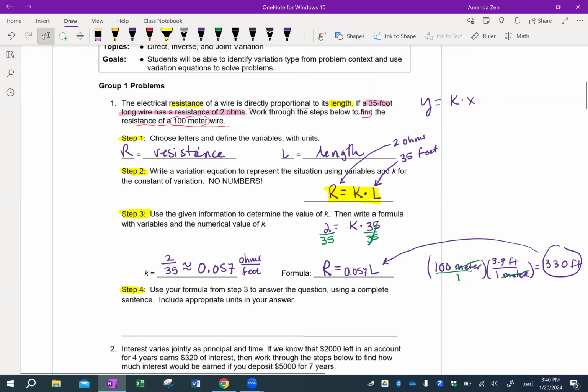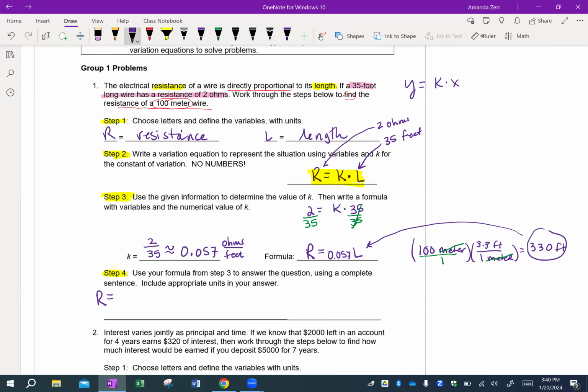Okay, so step 4, we're going to find the resistance when we take our constant of variation, which in this case is 0.057 times our 330 feet. And my units on that K, the units are ohms per feet.